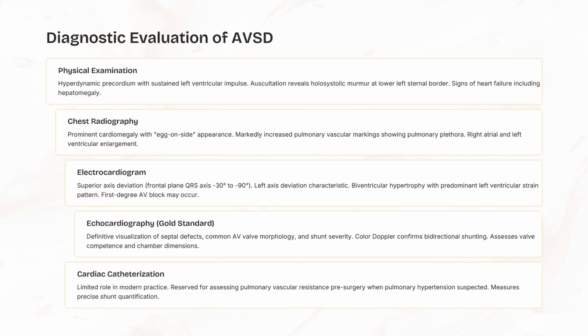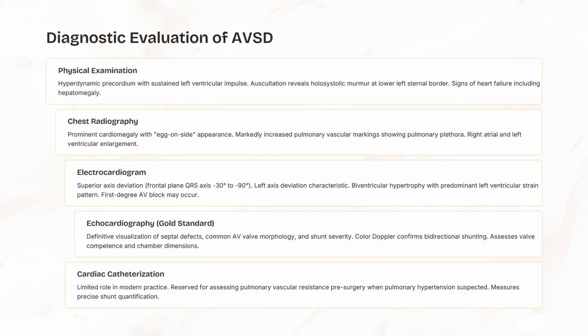The next one is the diagnostic evaluation of AVSD. On physical examination, we can find ventricular impulses, I mean hyperdynamic. On the precordium, we can find a holosystolic murmur, especially at the lower left sternal border, and signs of heart failure, including hepatomegaly.